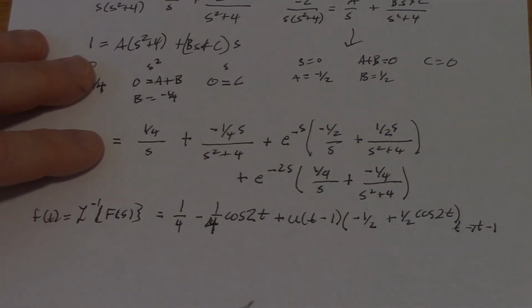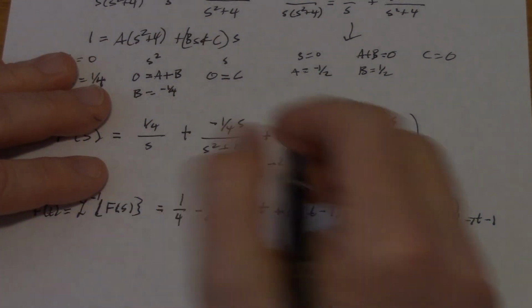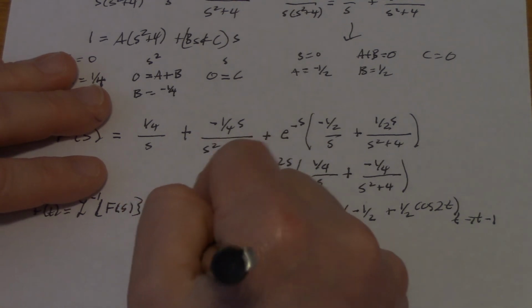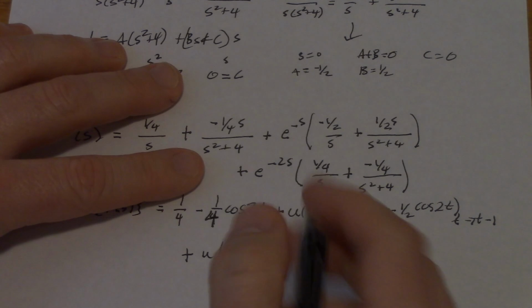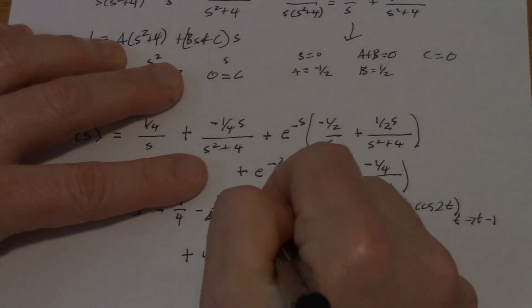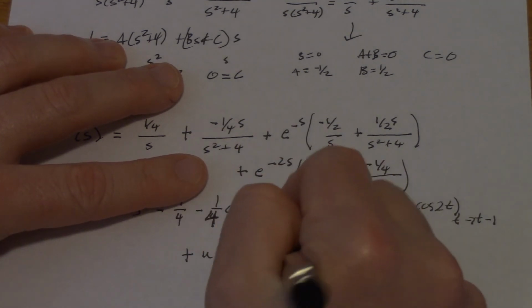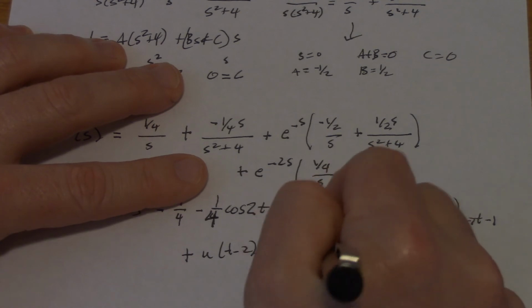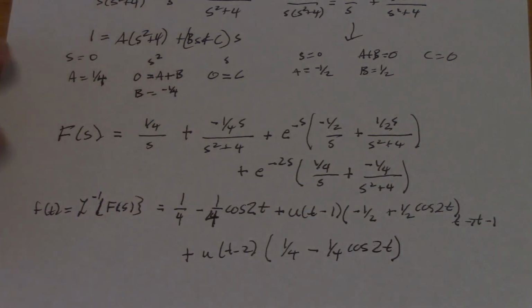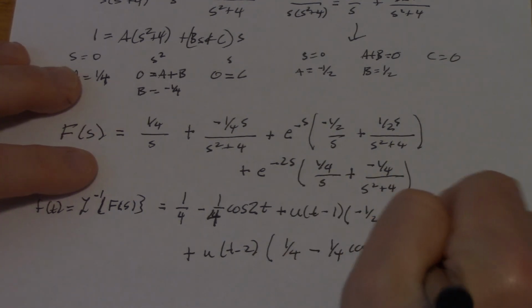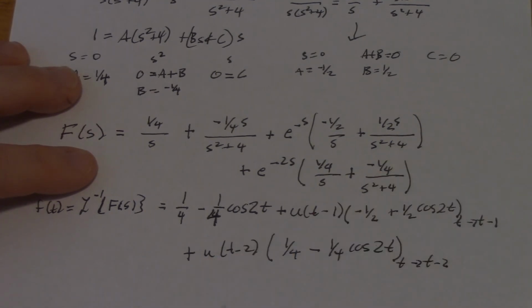Notice how I'm writing that. And then the last one, u of t minus 2, because a is 2, times 1/4 minus 1/4 cosine 2t, and t is shifted to t minus 2 there.